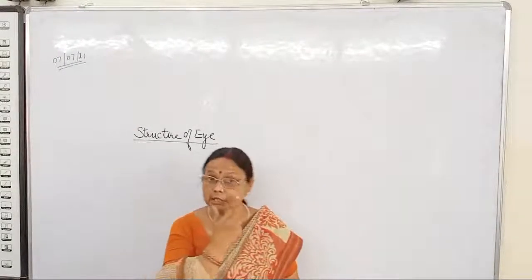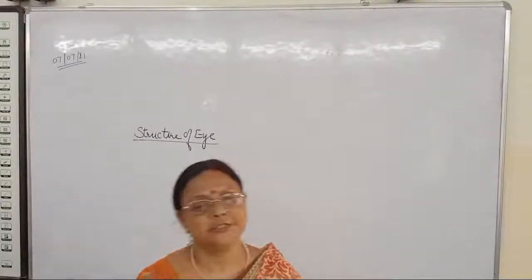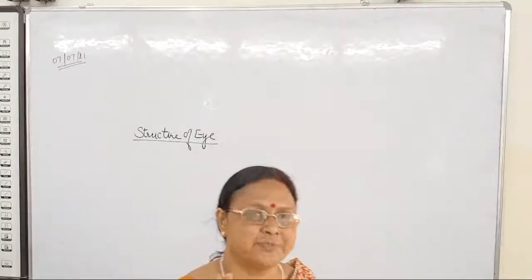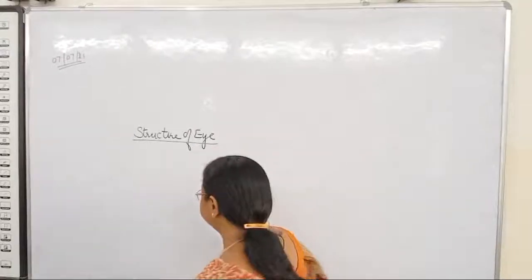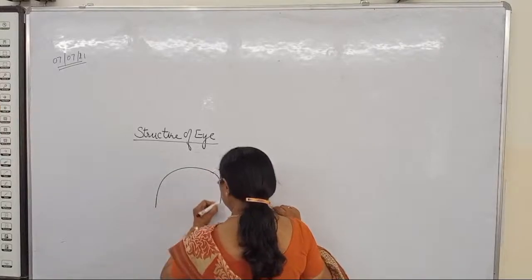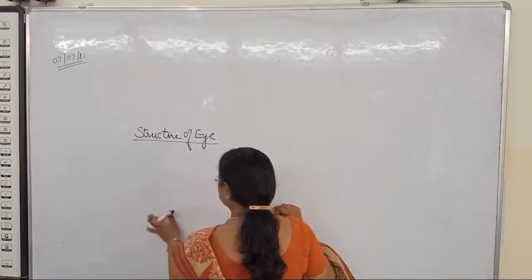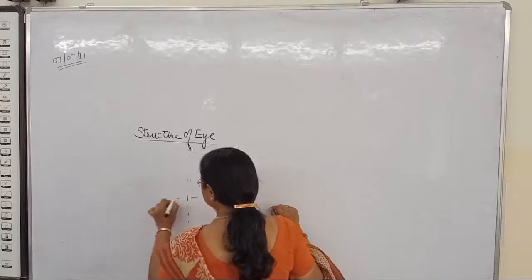They are located in the orbit. Our skull has an orbit in which our eyes are located. They are somewhat spherical in shape, and we draw an eye.